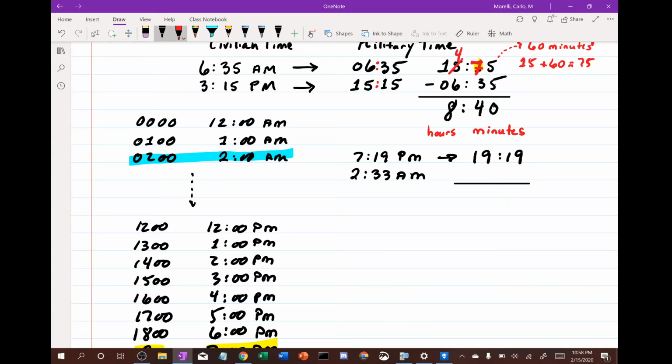I would have written 26:33. See, because that would be 2400, which would be midnight, plus 2:33, and that would give you 26:33.